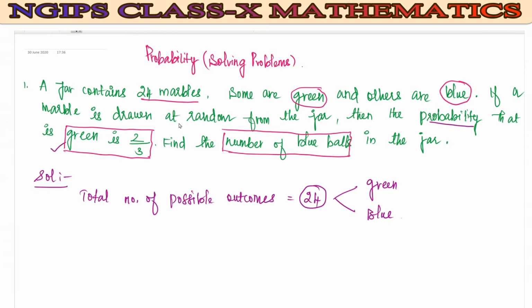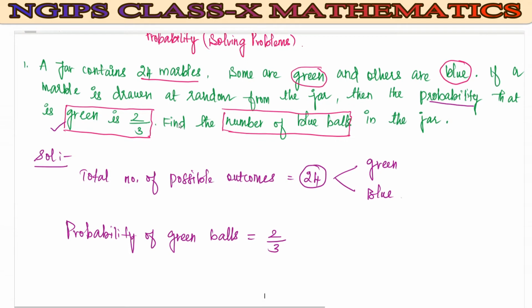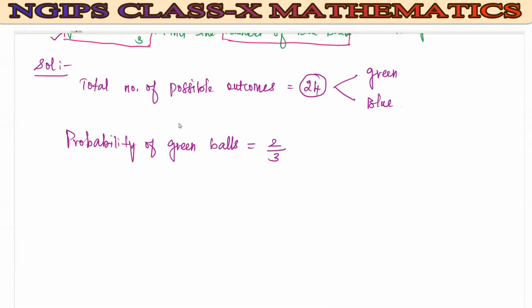So when it is green balls, now I am going to write here: probability of green balls is equal to 2 by 3. Now if you look at this question, the probability of green balls is 2 by 3.